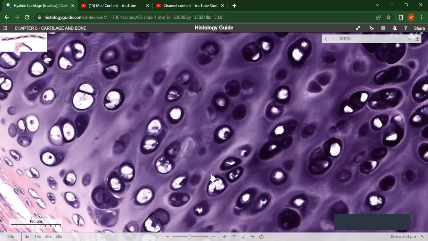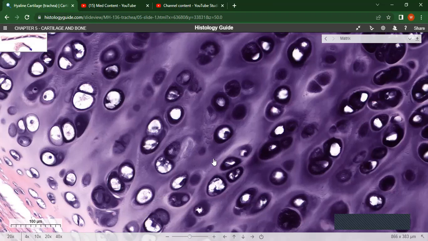Then it has also other collagens, which are cartilage specific: collagen 6, 9, 10, and 11. But know that the main collagen is type 2 in hyaline.